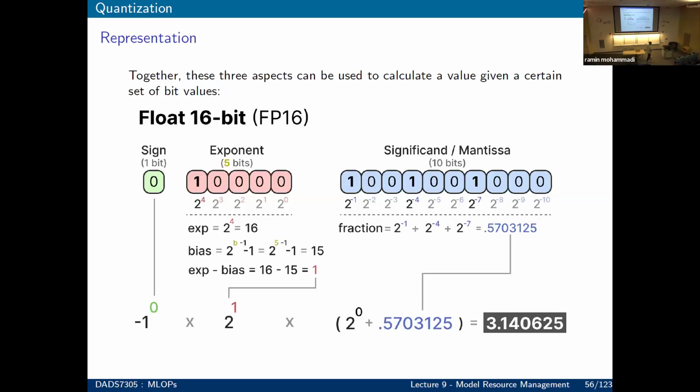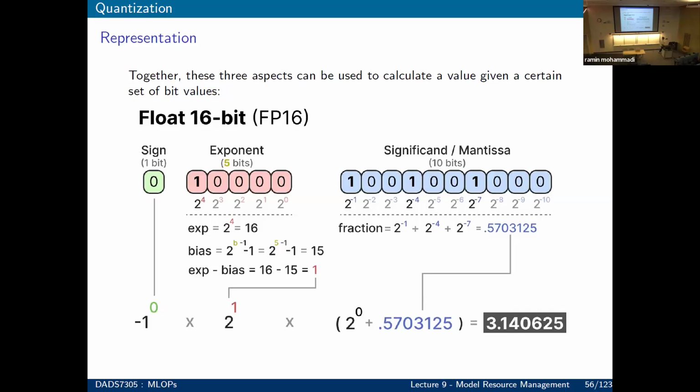That total becomes 0.5, whatever it is, plus 2 to the power of 0 times 2 to the power of 1 times that. That becomes this number. So the representation of this number in float 16 is those bits, basically that vector.